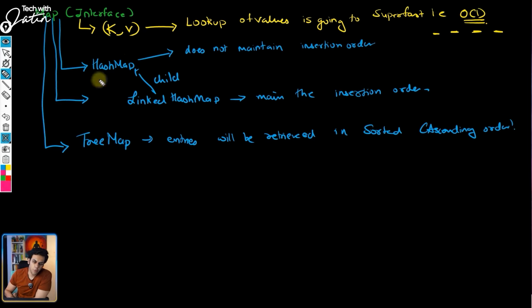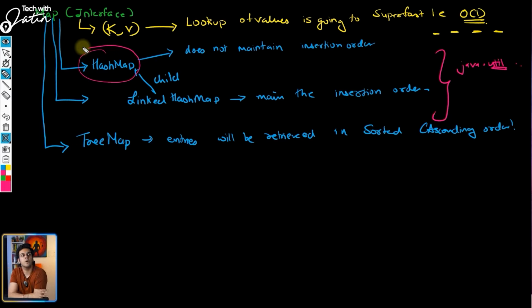Now, one more thing, remember that all these three classes belong to your java.util package. Is this part clear? All three belong to the java.util package. Now, coming to your HashMap, majority of the time whenever you're working in any project, you will end up using HashMap only. Why?